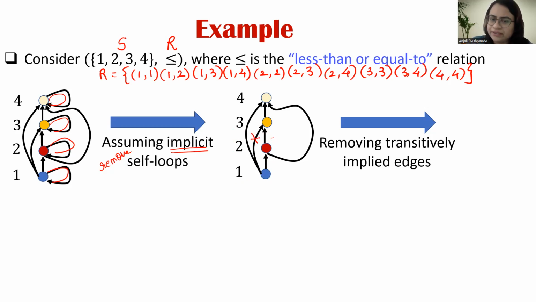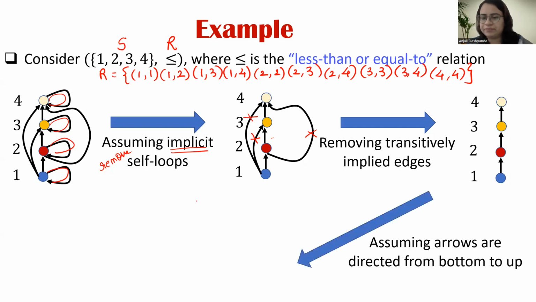So I don't need this direct edge from 1 to 3. This transitively implied edge is removed. Same for the edge from 2 to 4 and the edge from 1 to 4. After removing them, I will get this diagram.